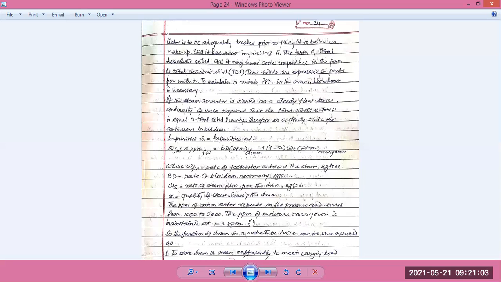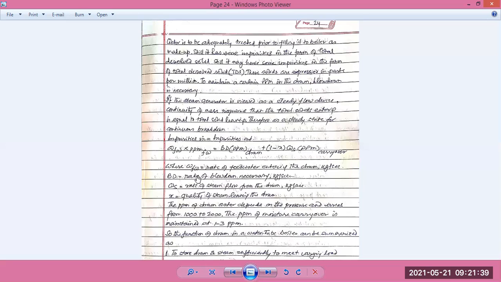The ppm of moisture carryover is maintained at 1 to 3 ppm, which is almost nothing. So you have to clean it to that extent; there should not be any impurities in it.